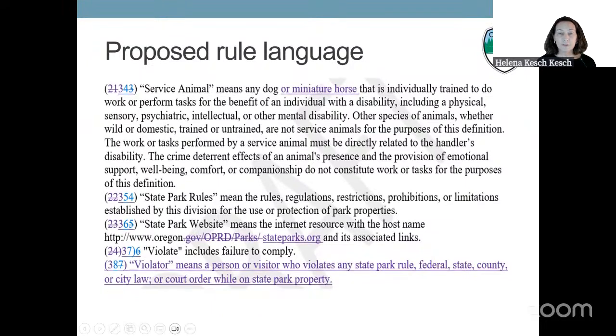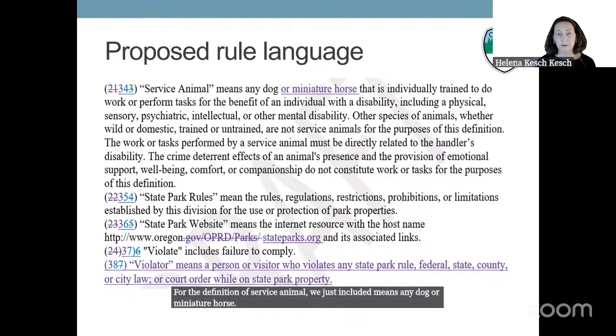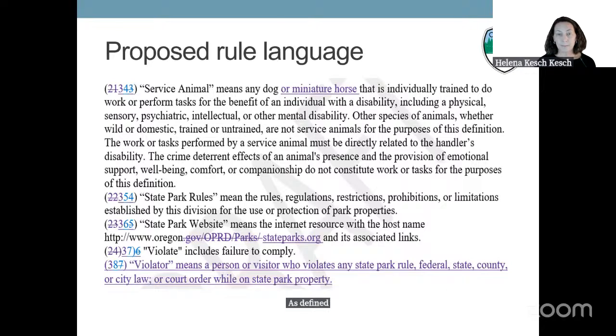For the definition of service animal, we just included means any dog or miniature horse, as defined by the ADA at the federal level. Down to 36, we updated state park website with the actual web address.